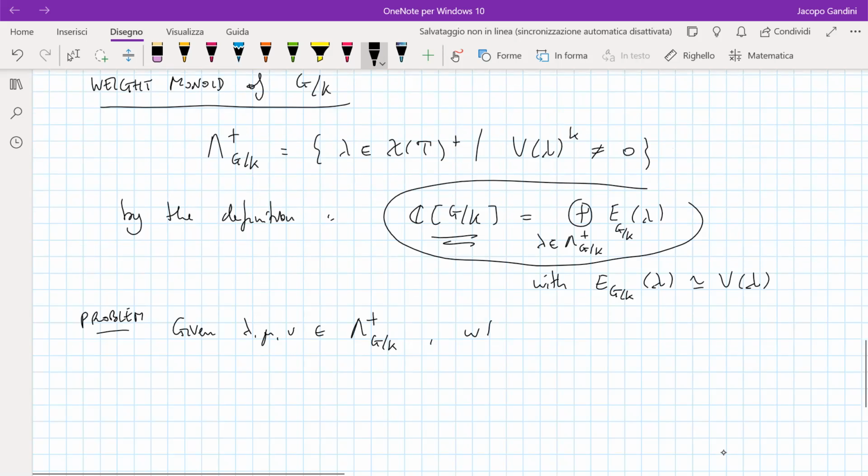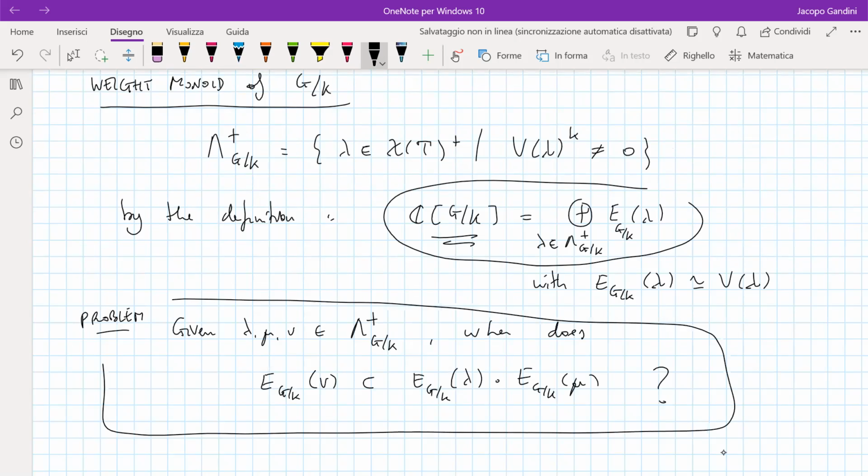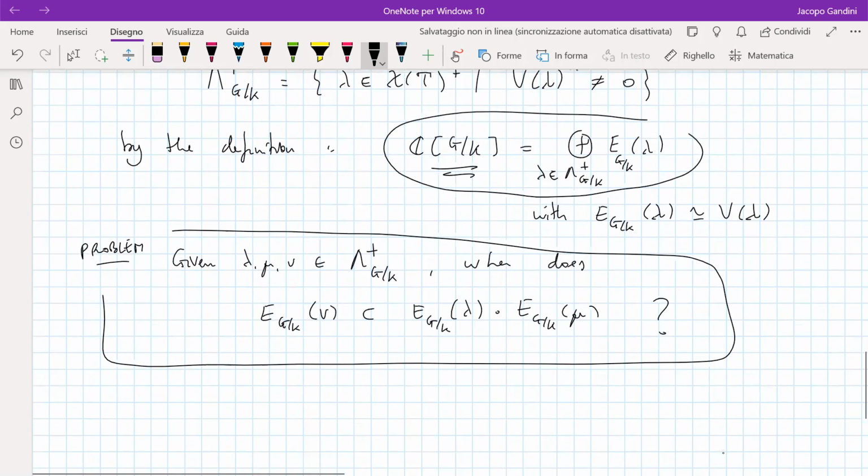The question is: when does E nu appear inside E lambda times E mu? Here also, when I write this dot, it's a product, but I'm also taking the subspace generated. If I just take the product of functions, this is not a module, so we have to take the linear span of this. So by definition, this is the span of the products.